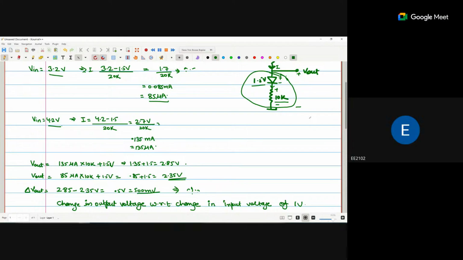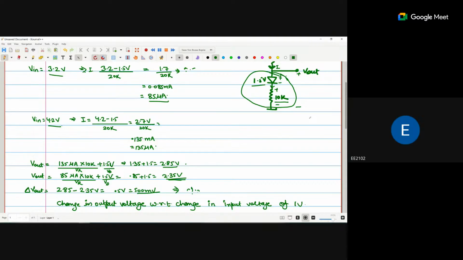But here positive connected with negative, so basically both voltages will be added. So that's why I add 1.5 volt plus the voltage drop across resistor VR. This is the VR voltage and this is the VD diode voltage. That is 2.85. And second case, this is the current multiplied by the resistance, so VR voltage, and again this one is the VD voltage. So overall voltage is this one.